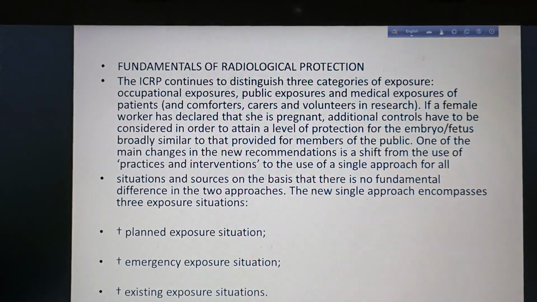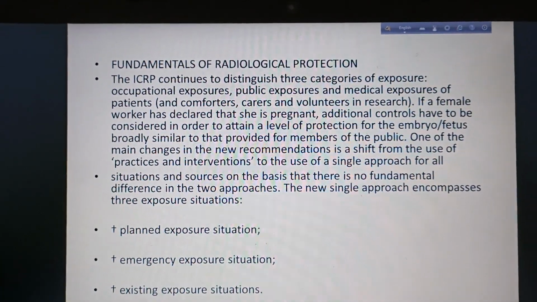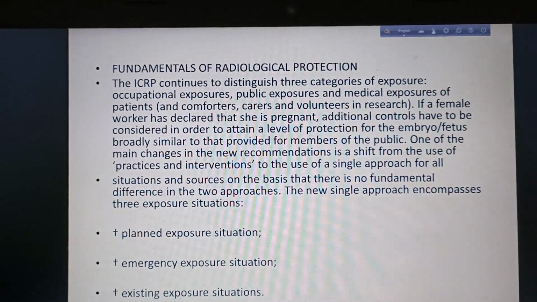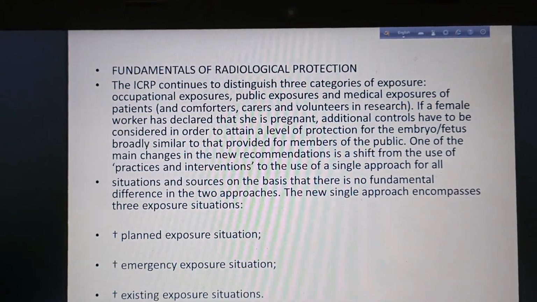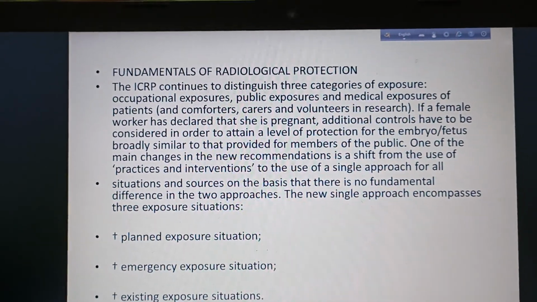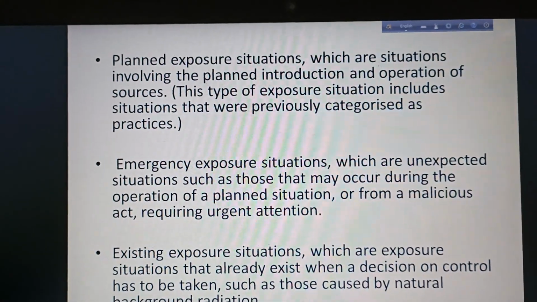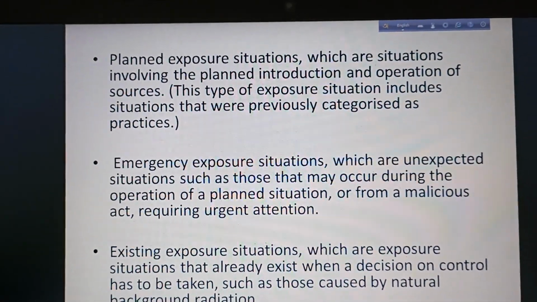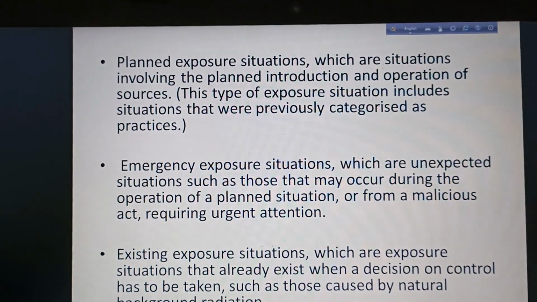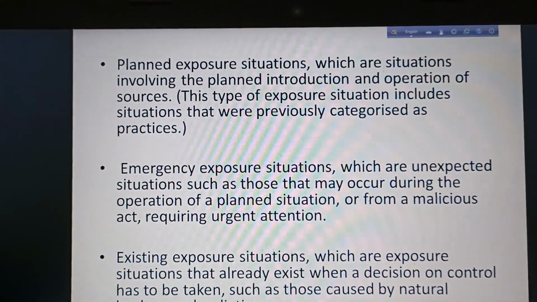Fundamentals of radiological protection. The new single approach encompasses three exposure situations: planned exposure situation, emergency exposure situation, and existing exposure situations. And there are definitions of planned, emergency, and existing exposure situations.